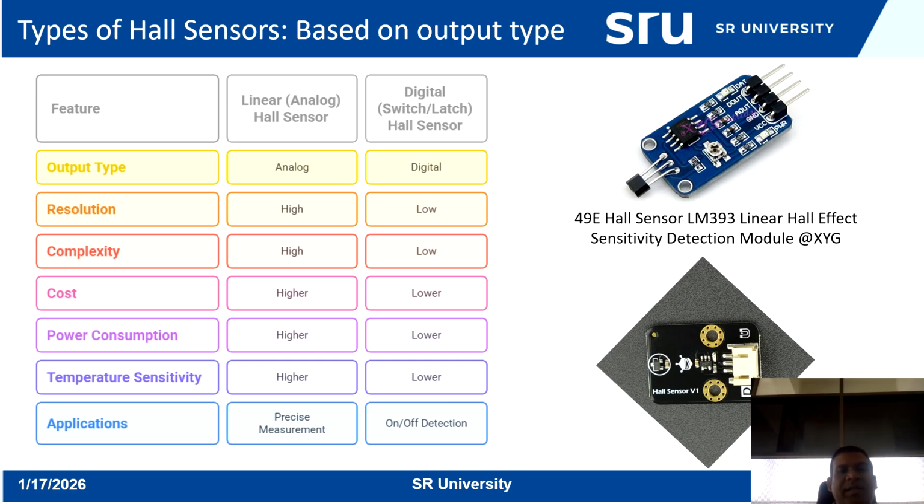Then the last one is latching Hall sensor, maintaining its output state until the opposite magnetic pole is applied. It works like a flip-flop controlled by a magnetic field. What is the application? Mainly it is used in BLDC motor commutation, brushless fans, and rotary encoder circuits.